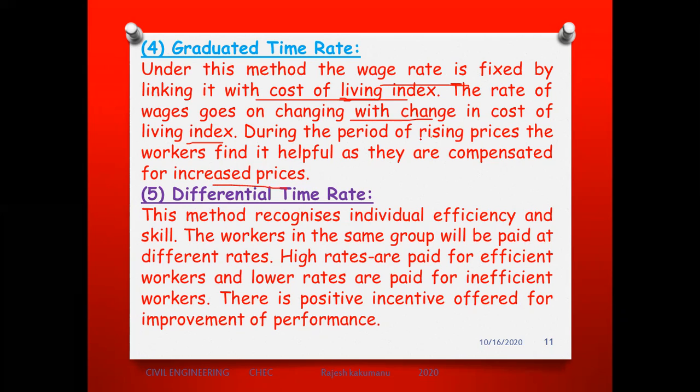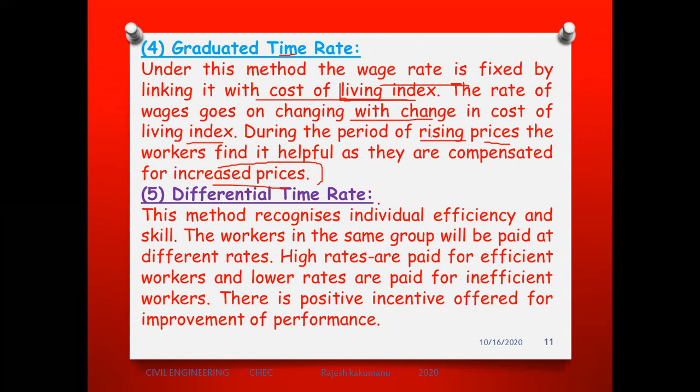So for example, the raw material cost and the transportation cost are increased in the industry. At the same time, the workers also will ask to be compensated by increasing their salaries. That is, graduatedly according to the time, technology and the demand, the salary of the workers will be increased. That depends upon the living index.